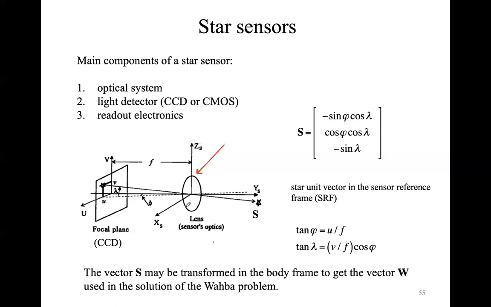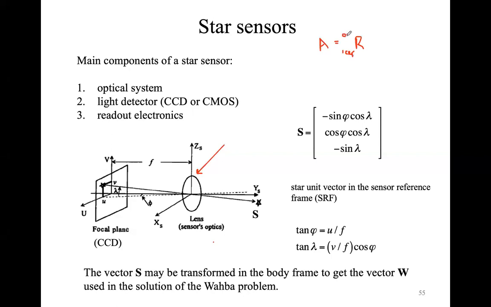So for the star sensor, you will have a star tracker reference system that is centered, for example, at the lens sensor optics of the star sensor. In principle, when you have to determine the attitude, it is the rotation matrix from the inertial reference frame ICRF to OBF.